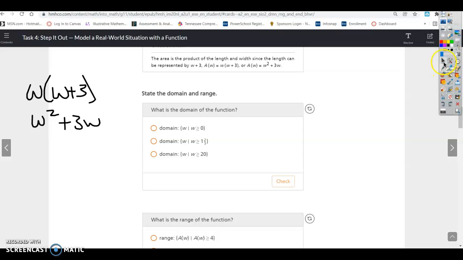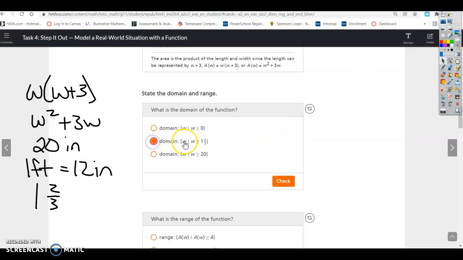If we have 20 inches, and we know that 1 foot equals 12 inches, then 20 minus 12 is 8, so we've got 1 foot and then 8 more, and 8 over 12 is 2/3. So our domain is going to be W such that W is greater than or equal to 1 2/3. 1 2/3 feet is equivalent to 20 inches.